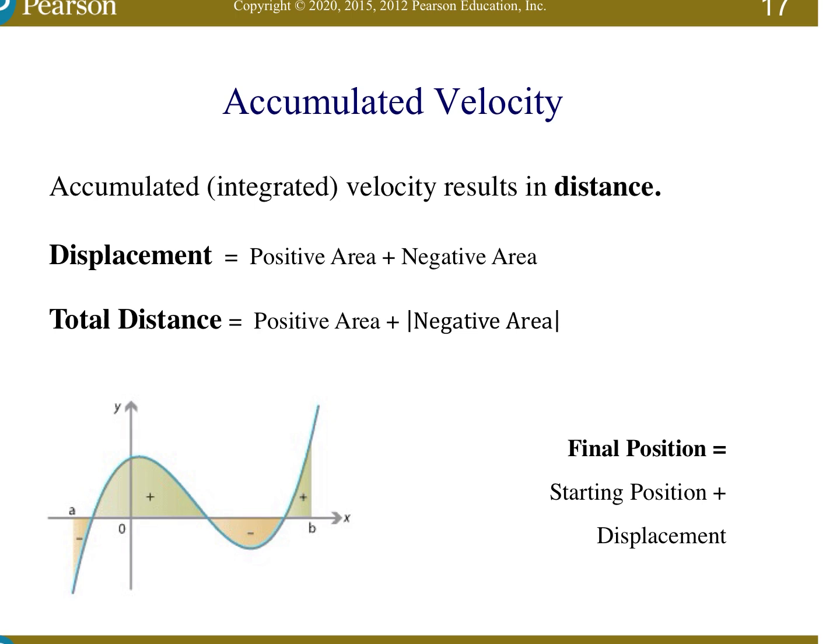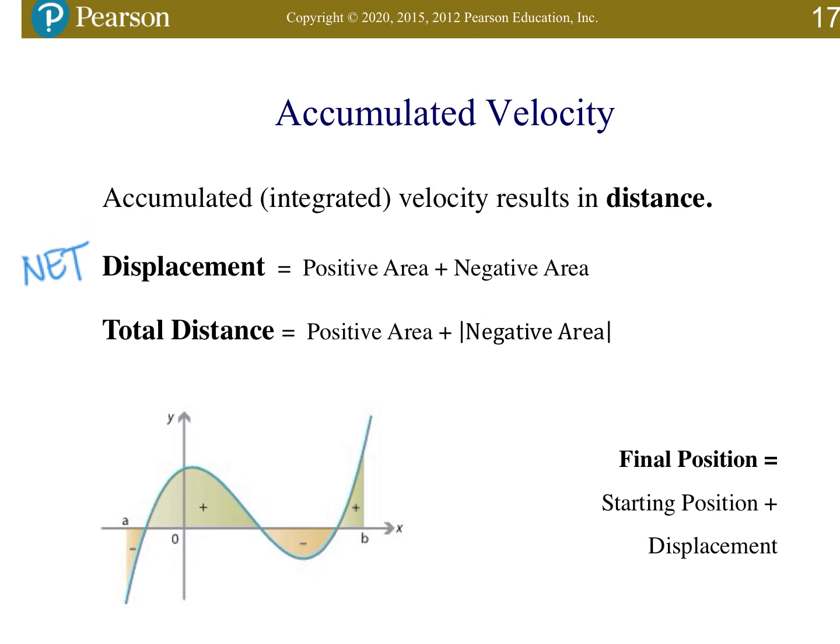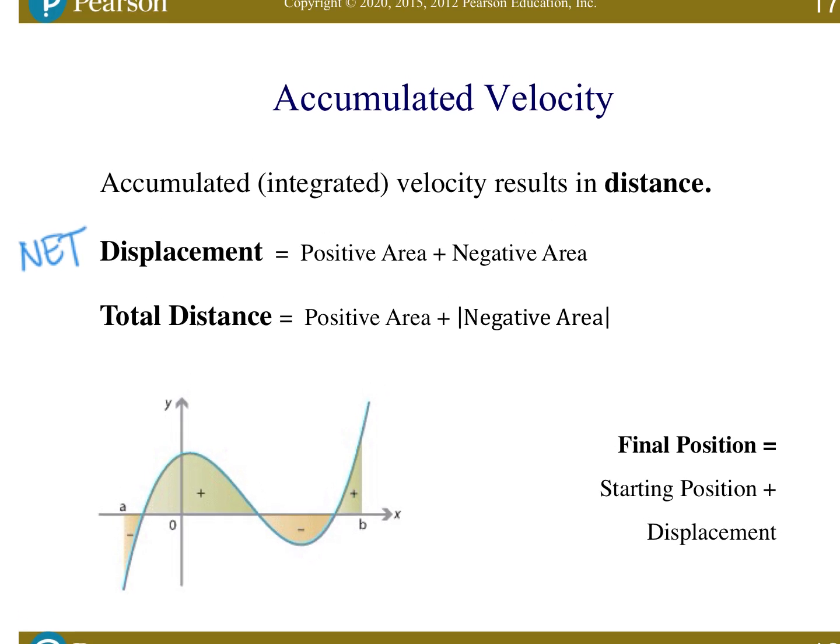In terms of physics, we're getting back now to displacement. Displacement is another word for net. What is the net distance? If you're a track runner out running the 440 or whatever, your net distance is 0 because you end up in the same place that you started.